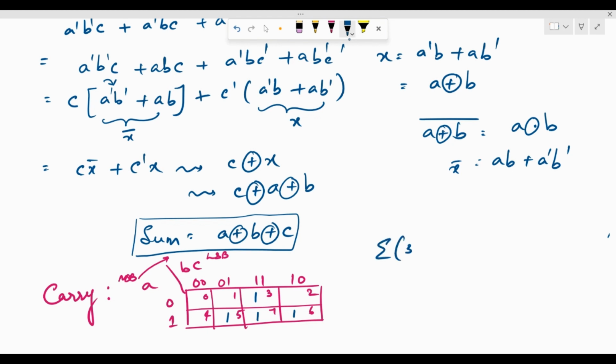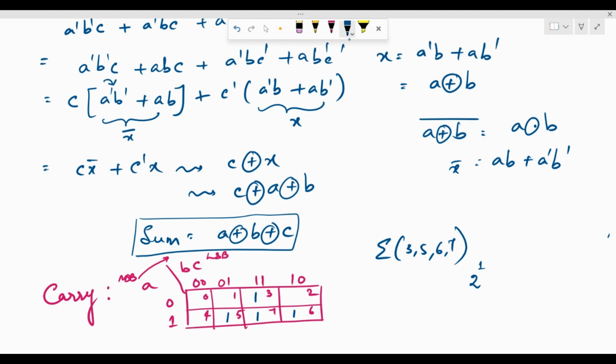Now if I look at the K map, I can see that there are some cells lying next to each other. We should always remember that we can group the ones in powers of 2. So I can have a group of two ones, that is 2 to the power 1.